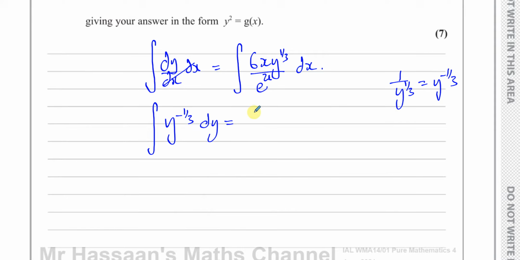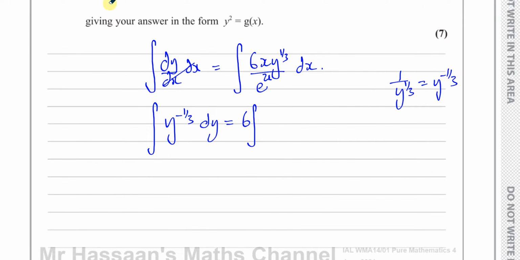On this side, I've got the integral of, now I've got 6x. What I can do here is I can write the 6 actually outside the integral, because it's like a factor of this. You can write the numerical factors outside. Okay, so 6 outside.